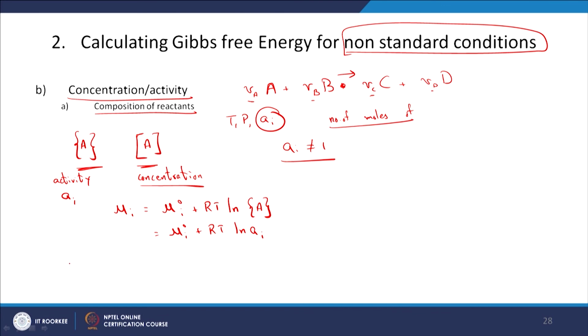What do we know here? Delta G is equal to the summation of mu i times nu i of the products minus the same for the reactants, and what will that be equal to?